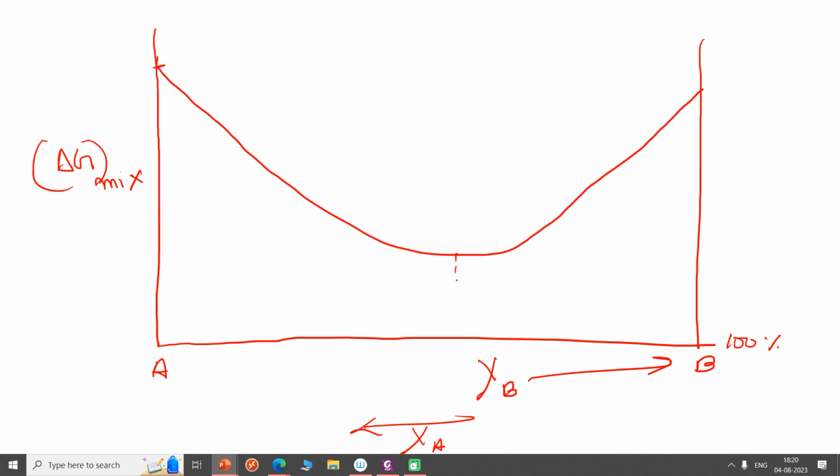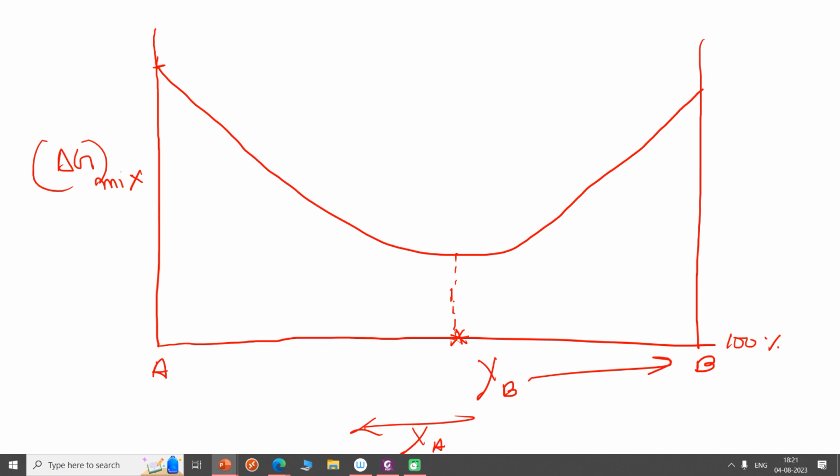For a given composition, for a given value of chi B or chi A, because both are complementary to each other, since chi A plus chi B is equal to 1, both are dependent. So chi A is dependent on chi B. If we fix one, the other is also fixed, right?